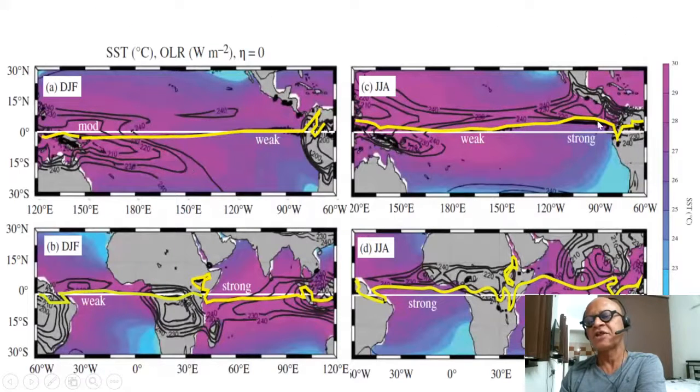Okay, so there are exceptions here and here, so this is more of an equatorial convection and not the ITCZ.